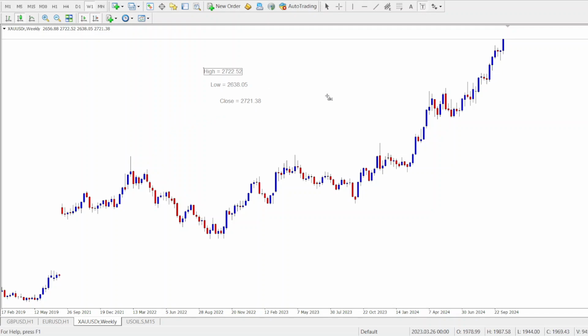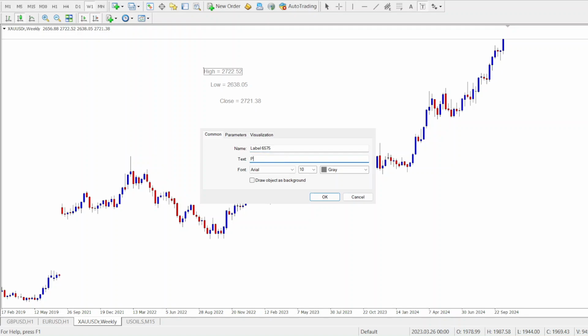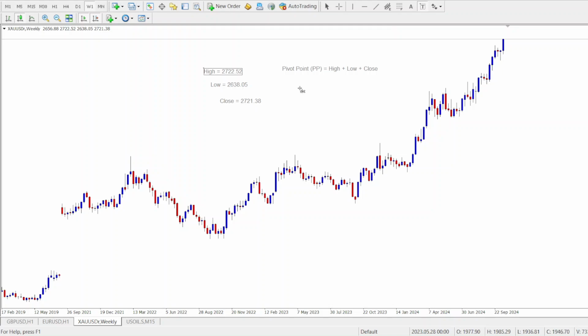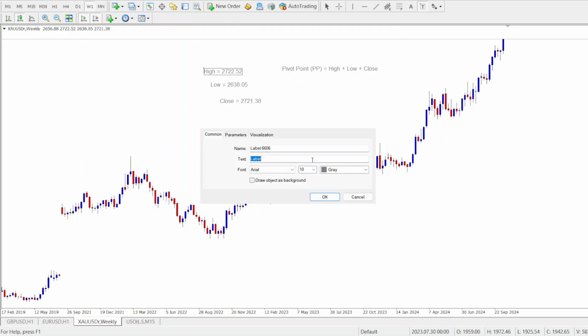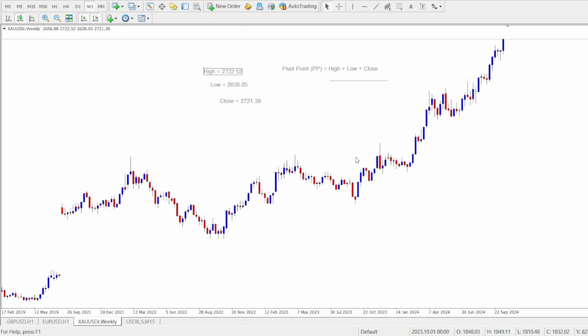The formula for calculating the pivot point is equal to the high plus low plus the close, divided by 3.